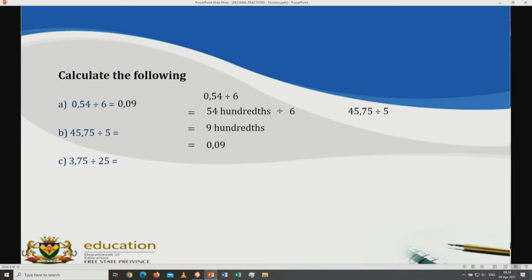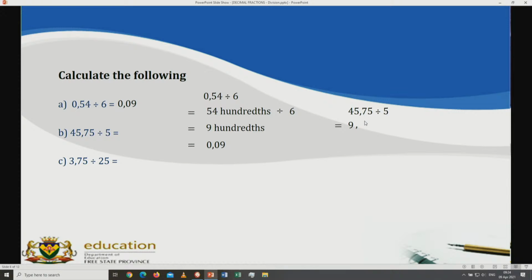Okay, using this method, let me see now. Number 2, 45,75 divided by 5. I've now chosen a different method from this one, the direct one again, which is: 5 into 45 goes how many times? 9. And then we'll have the comma. And then 5 into 7 goes how many times?